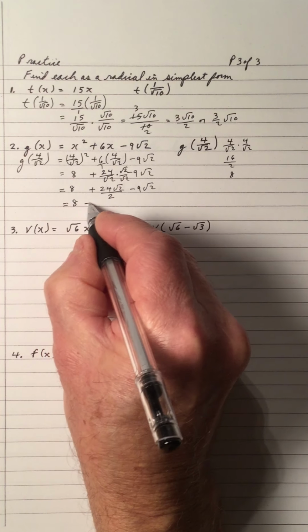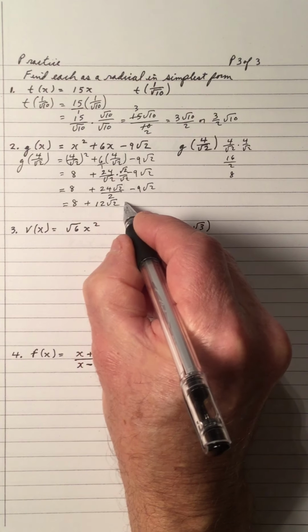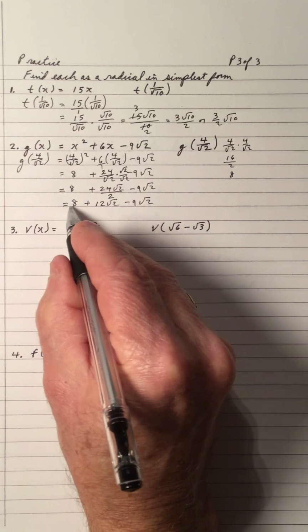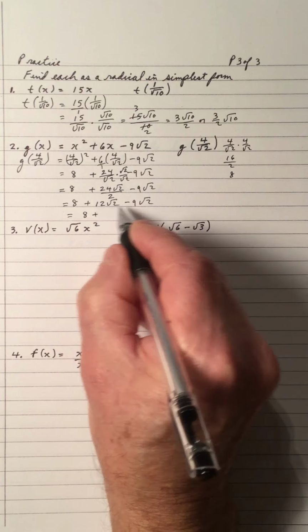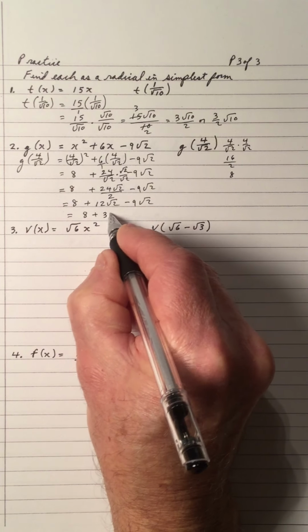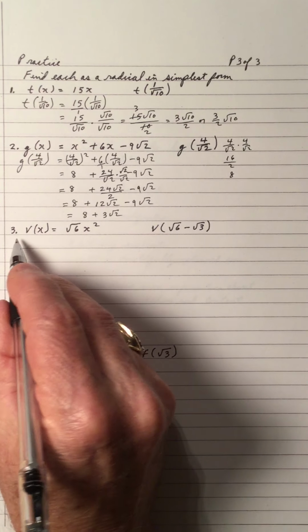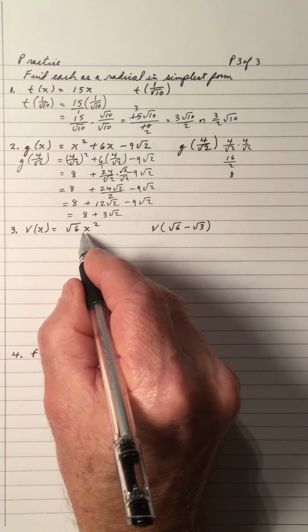That's an 8. 24 divided by 2 is 12 root 2, minus 9 root 2. And like terms, 8 is all alone, leave it. 12 subtract 9 is 3, and it's a root 2. Fully simplified. Number 3, the v of x equals root 6 x squared.